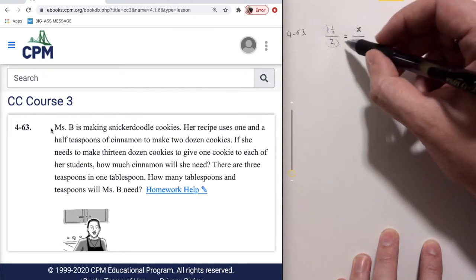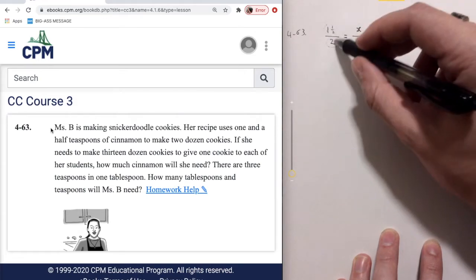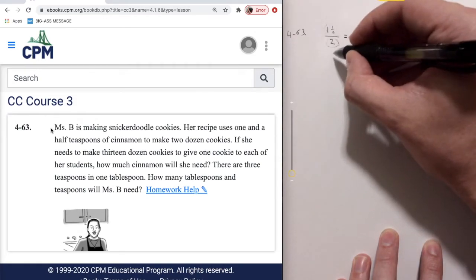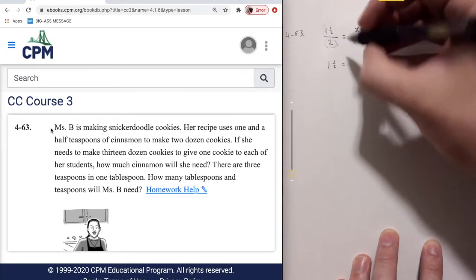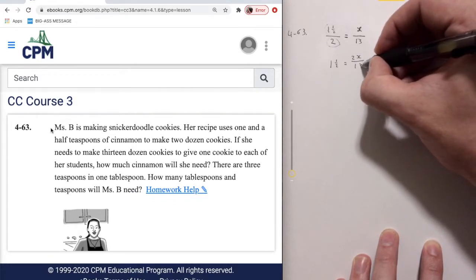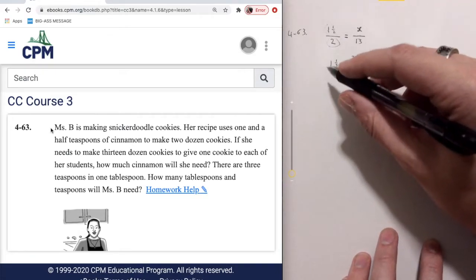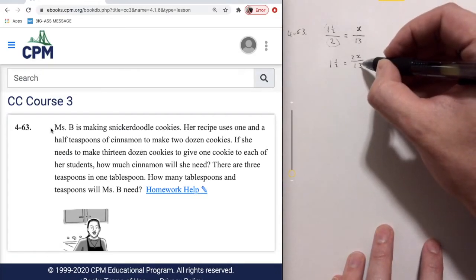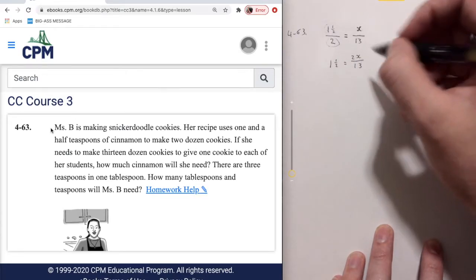So we can do this by multiplying both sides by 2. So if we do that, we'll have 1.5 equals 2x over 13. And ultimately we try and get x by itself and see how many teaspoons that's going to be. So then we can multiply each side by 13, which will help us get x by itself.